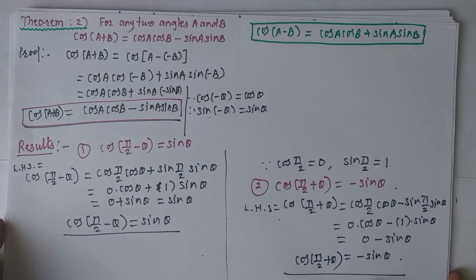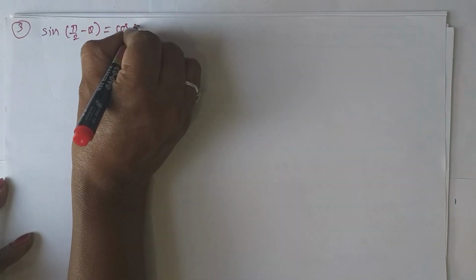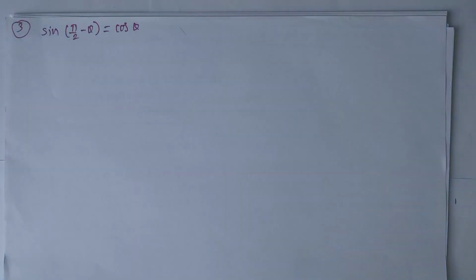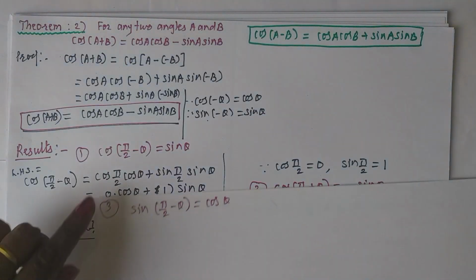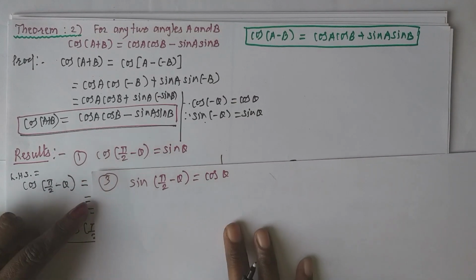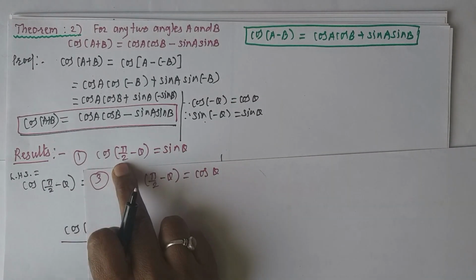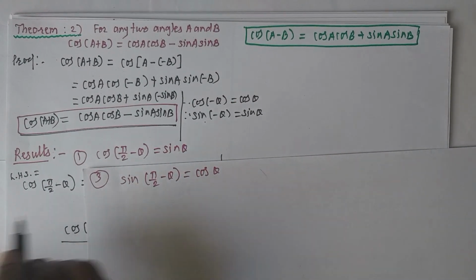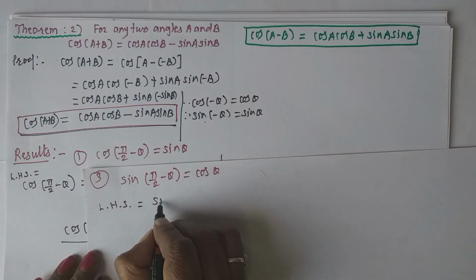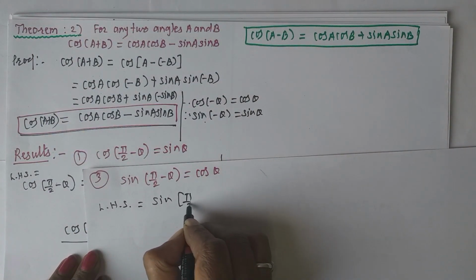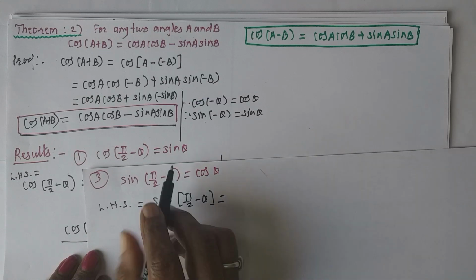Now we will see the third result. We have to prove sin pi by 2 minus theta is cos theta. In this result, what is given? Take the left hand side, sin pi by 2 minus theta.